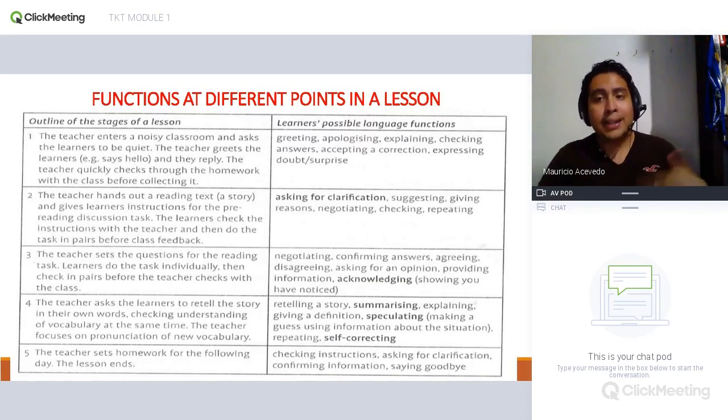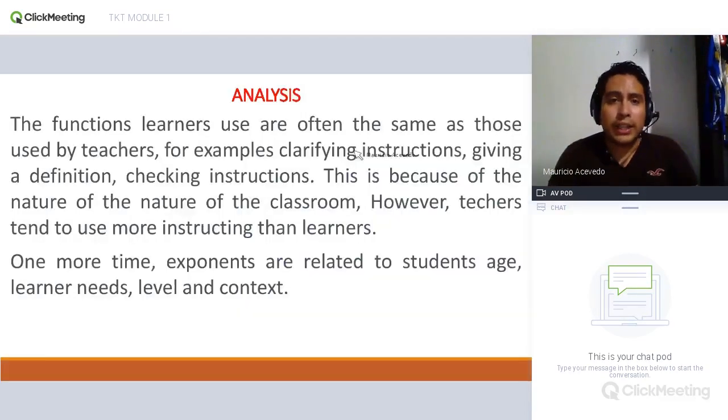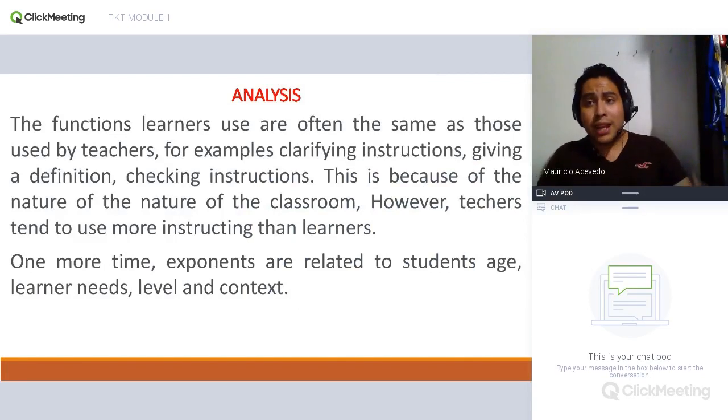They are using that function. Explaining, when they have an exposition, for example. Checking answers: you make them work in pairs and then they start talking and checking their own answers, and so on.